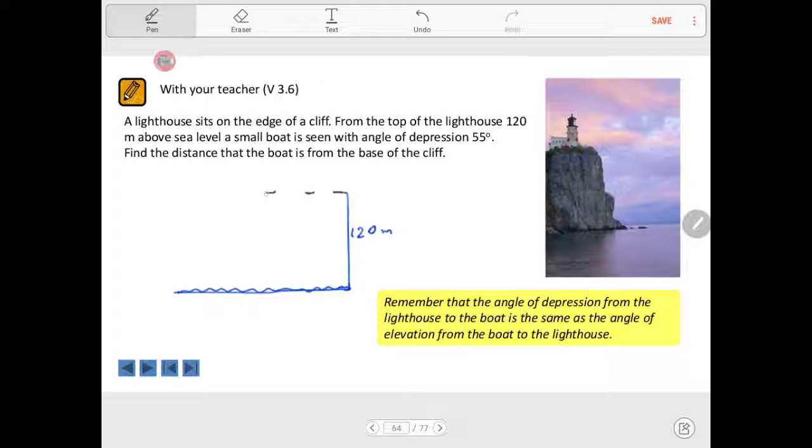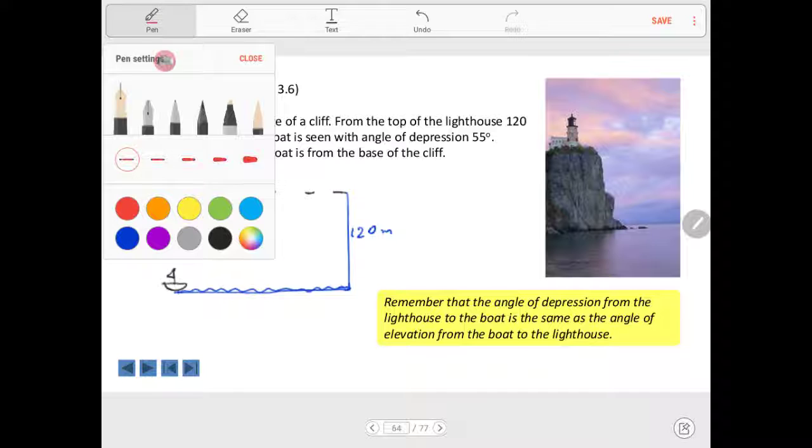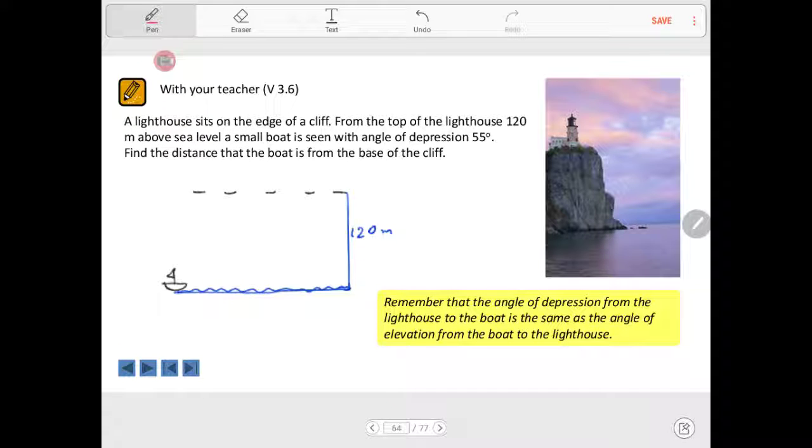So from the horizontal down to this boat, I'll just draw a little boat down here. The angle they look through to the boat from the horizontal is 55 degrees. Which means also that here we have 55 degrees.